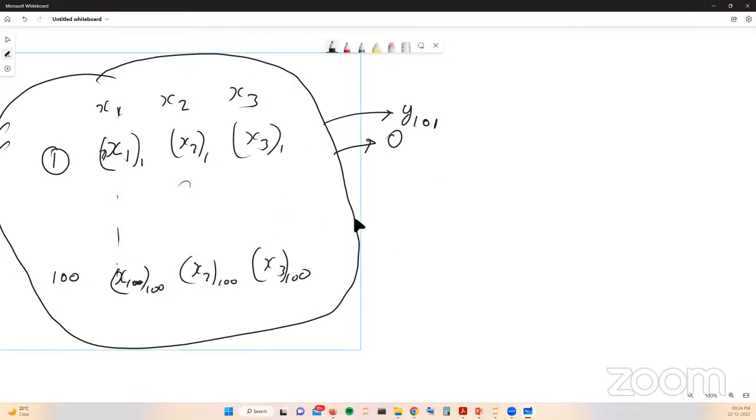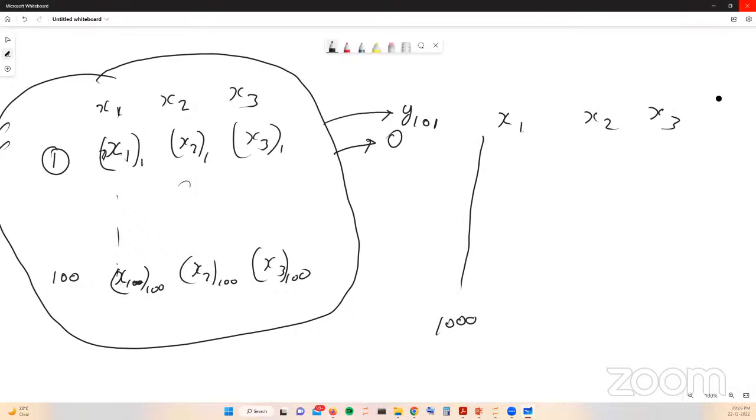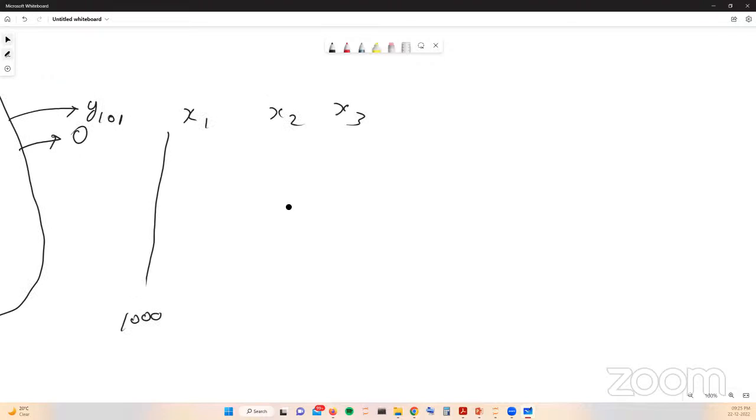So how will I do it? I have X1, X2, X3. Let's assume I have 1,000 days of data for simplicity for now. I said that my 101st day condition is dependent on the first 100 days.